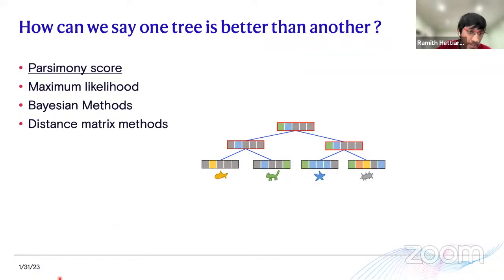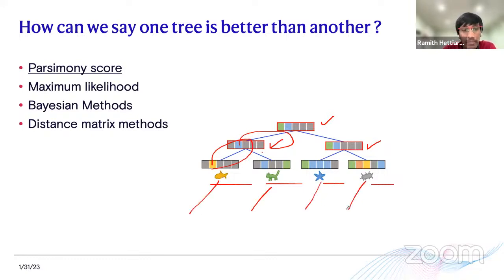What I mean by that is, let's say we have these edges, right? In this tree, we have some species that exist out there, and we have built a tree with these hypothetical ancestors.